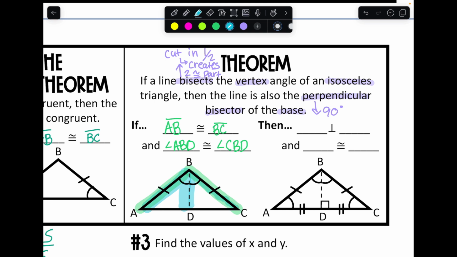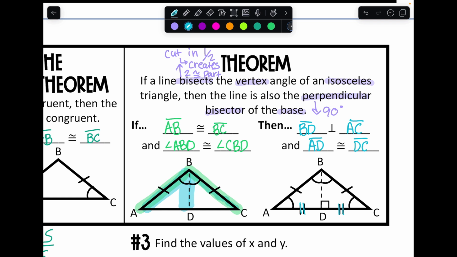Then I can go ahead and assume that BD is perpendicular to AC. And the other thing that it's going to do, because it's a perpendicular bisector, which means that it's going to create two congruent segments. So I can say that AD is congruent to DC.